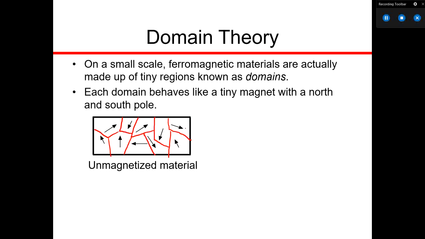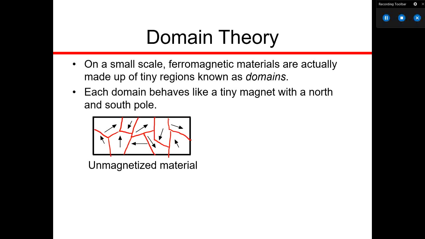Now, what's creating these domains is actually the electrons. If you know a little bit of chemistry, when an electron spins, it creates a magnetic field. Depending on the direction that the electron is spinning, clockwise or counterclockwise, it will change the direction of the magnetic field.